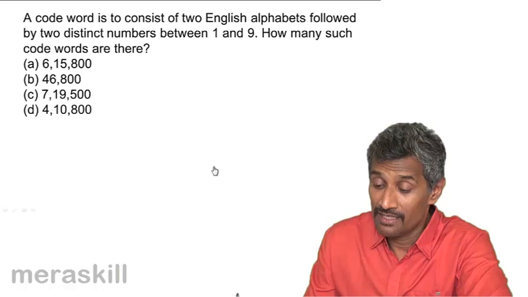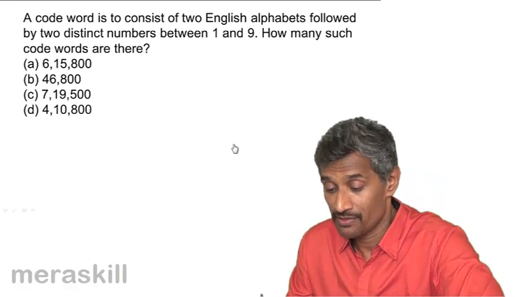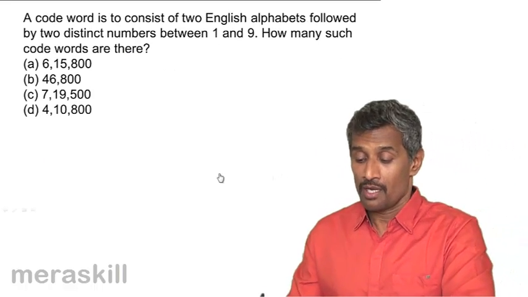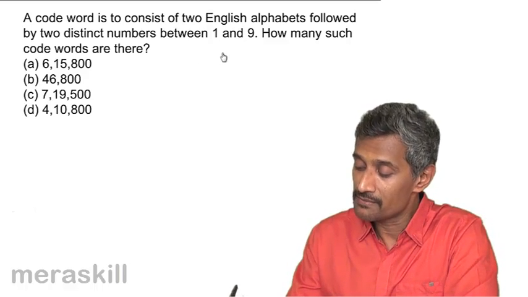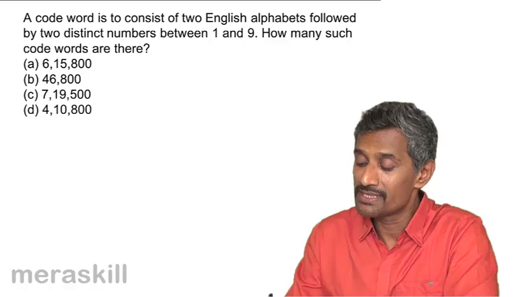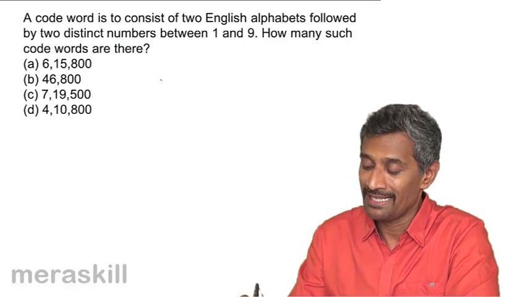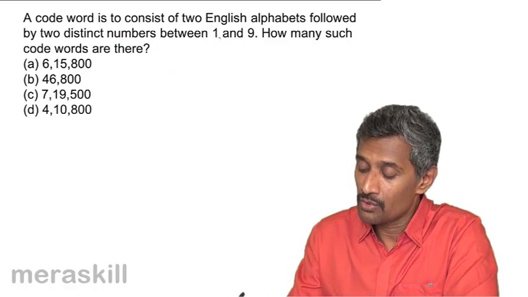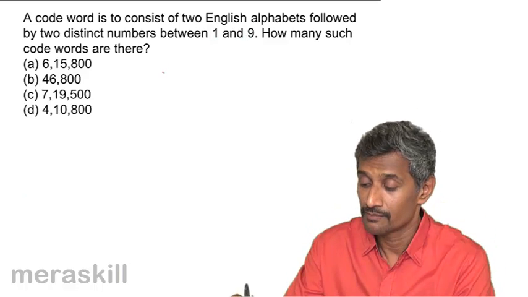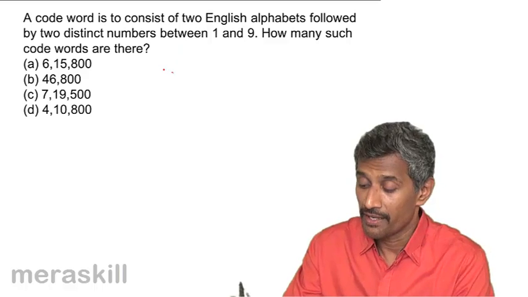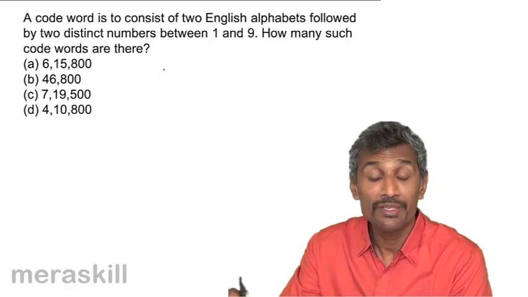Right. Next we have here is this way. A code word is to consist of 2 English letters from the alphabet followed by 2 distinct numbers between 1 and 9. Now it goes without saying that it includes 1 and 9. Okay, so how do we do this?